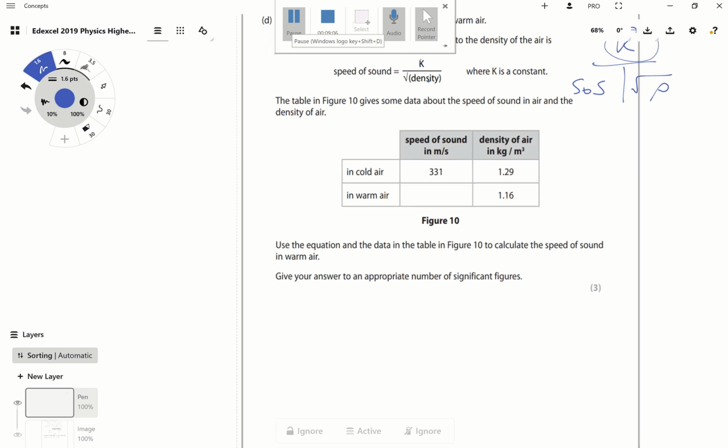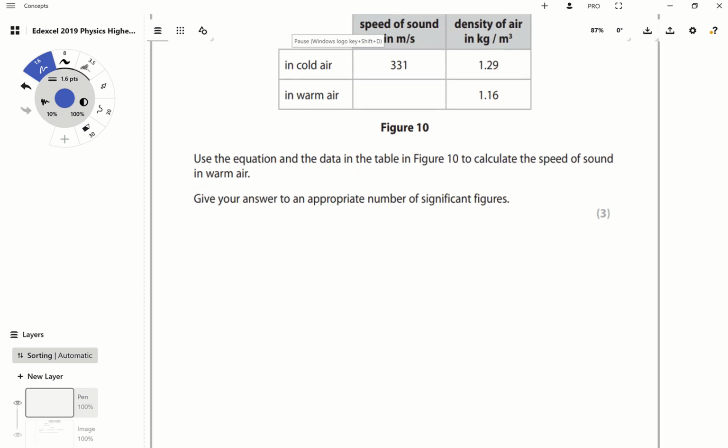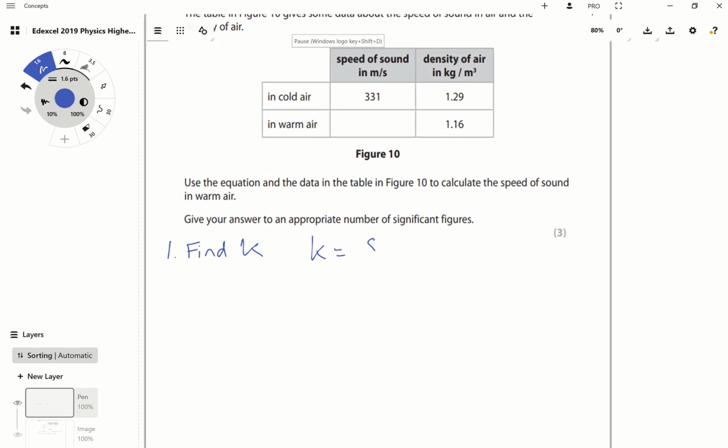So part one, zoom in here. Part one is find or calculate K. And we said K equals, got that there, speed of sound divided by the square root of the density. So now I can pull this out here.